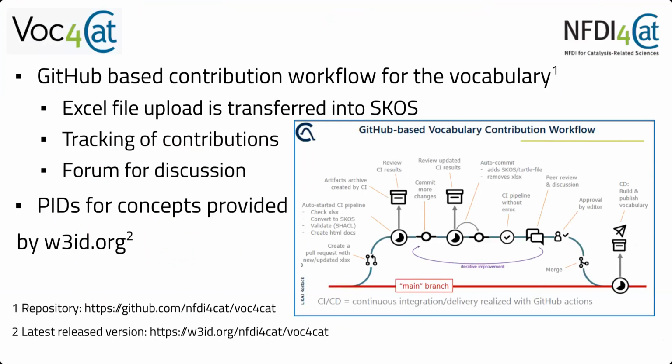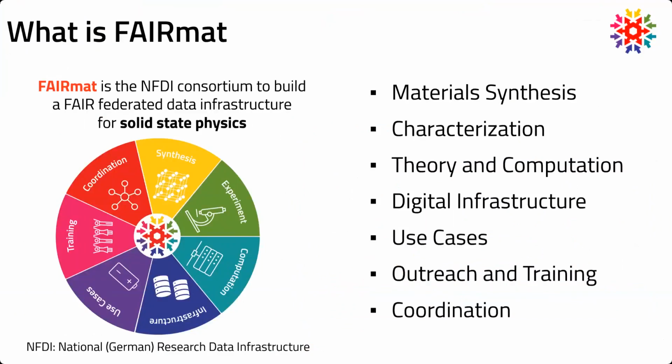Next I will introduce FAIRmat, for those that are outside of the NFDI maybe. FAIRmat is this NFDI consortium which builds a FAIR federated data infrastructure for solid state physics and material science. There are different areas within the consortium which look at different aspects of material science, ranging from synthesis and characterization to modeling.